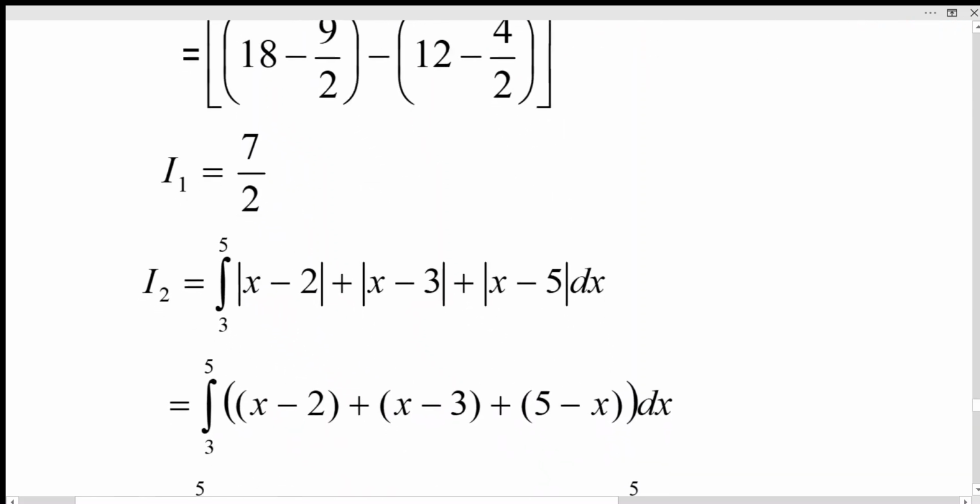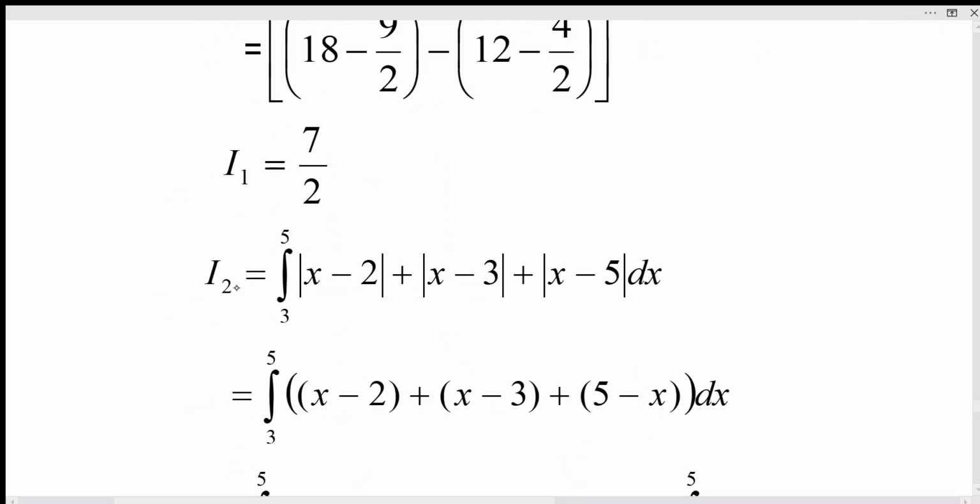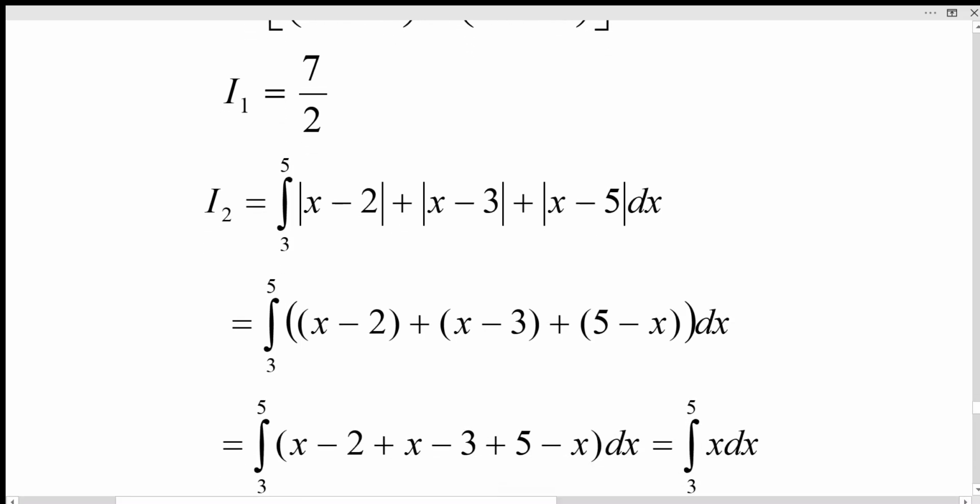Similarly, you have to write the positive and negative signs for the integral from 3 to 5. When it is from 3 to 5, this one will be positive, because both the upper and lower limits are greater than 2.